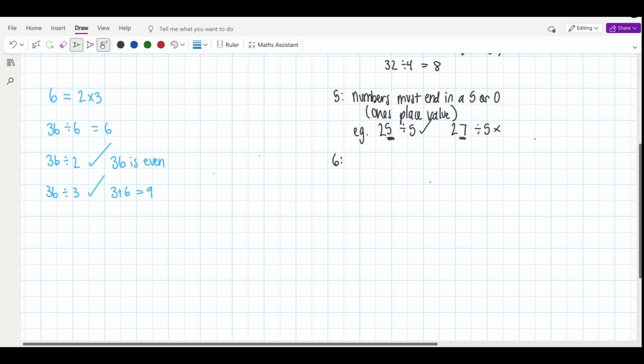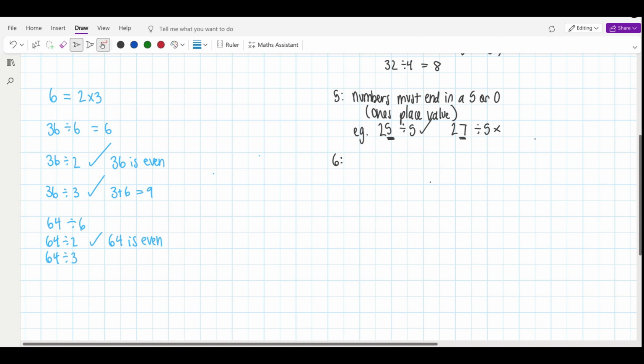Let's test an example where this might not work. If we check 64, we want to check if 64 is divisible by 6. We'll first check if 64 is divisible by 2. Now this will work because 64 is an even number. The next thing we need to do is check if 64 is divisible by 3.